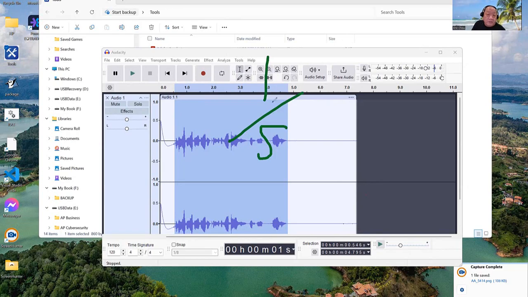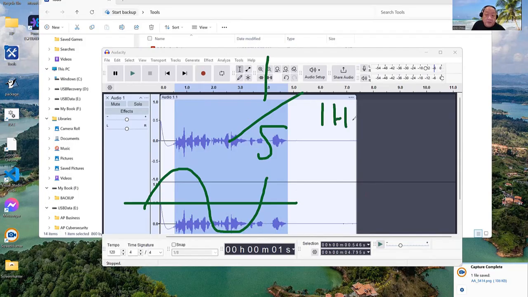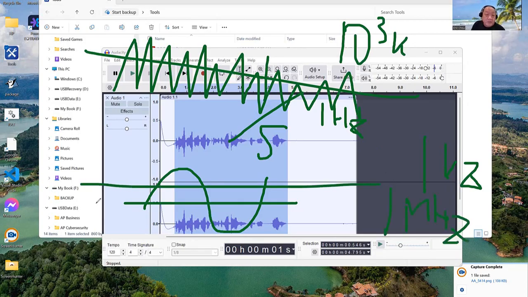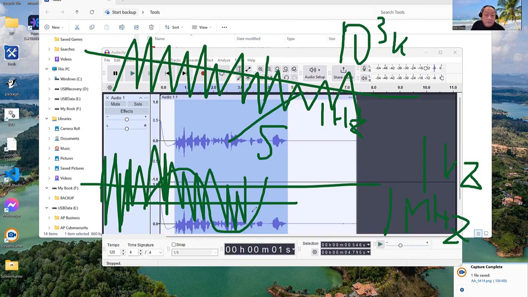1 second, 1 second per vibration per cycle is called 1 hertz. So 1 kHz means that within 1 second, the sound vibrates for 1,000 times. So 1 megahertz means within 1 second, the sound vibrates for 1 million times.